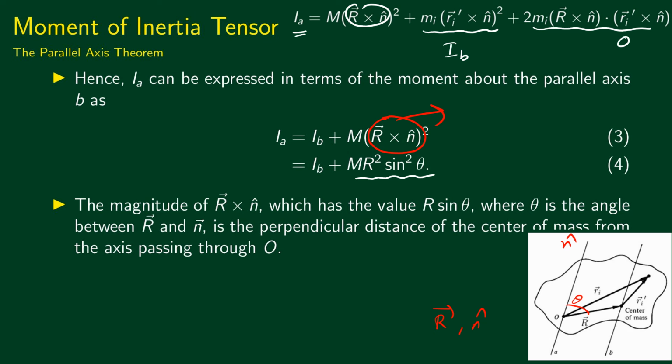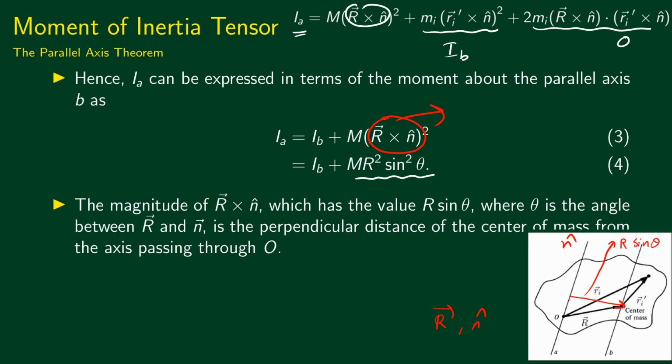Okay, but what is this R sine theta? If you look at this, capital R sine theta is actually the perpendicular distance from axis A to the center of mass. If you draw the perpendicular line from the axis to the center of mass, the length of this line would be R sine theta.